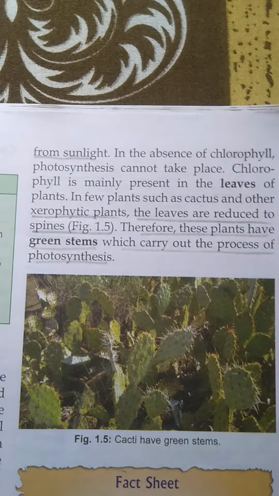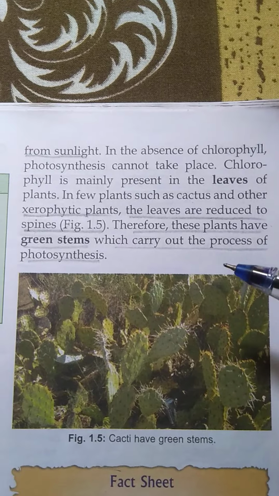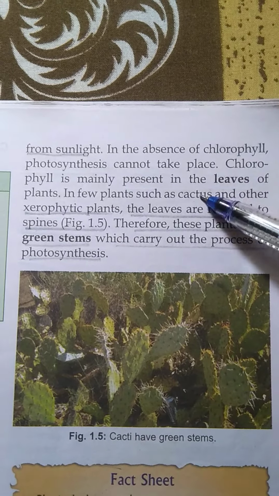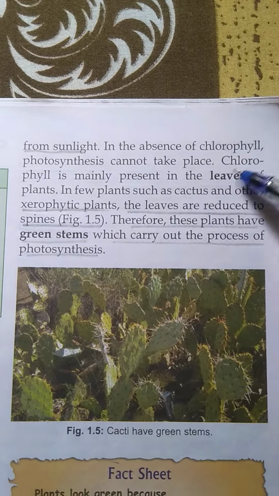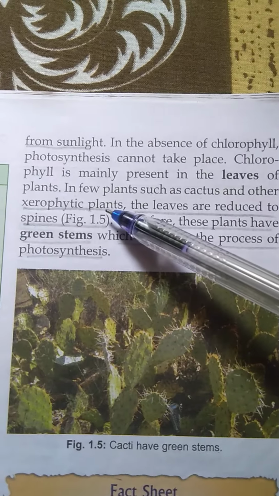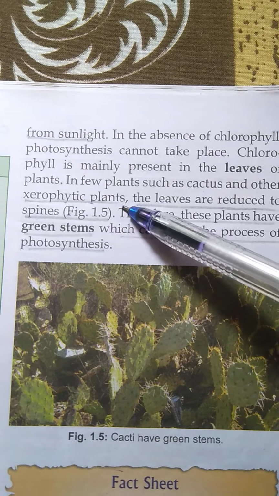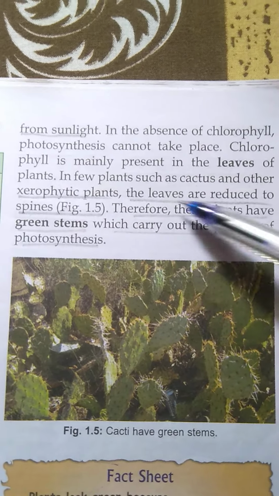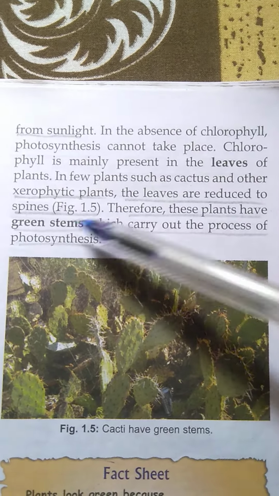So we find that many of the plants are green in color. That means those leaves contain chlorophyll. In some plants like xerophytic plants, those plants that we get in the deserts, the leaves are reduced to spines. Why?